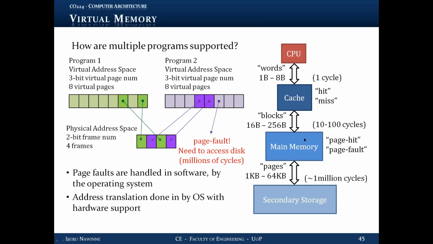But before a page fault happens, we need this address translation every time we want to access the memory, right? Every time there's a miss in the cache, we need to go to the memory, and in that event, we need an address translation. In that event, we are looking at 10 to 100 cycles. If we try to do that address translation in software, that is not going to be effective.